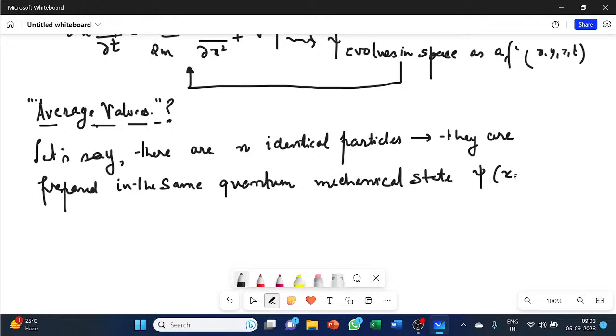Let's say psi of x. Right now I'm not taking it as a function of time. Right now I'm taking it as a function of x.